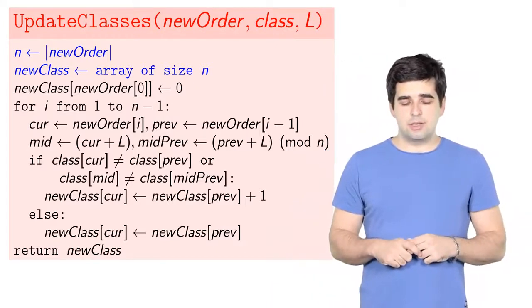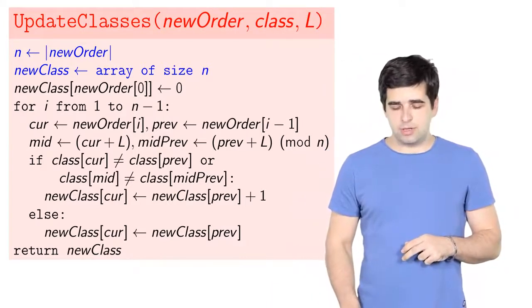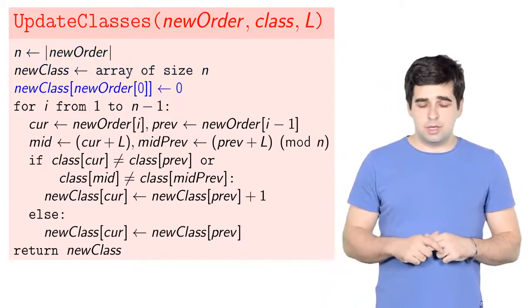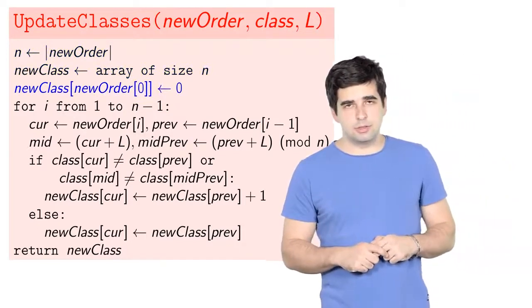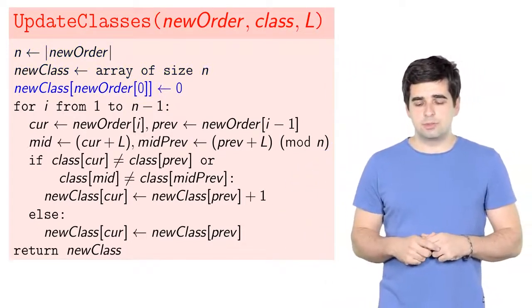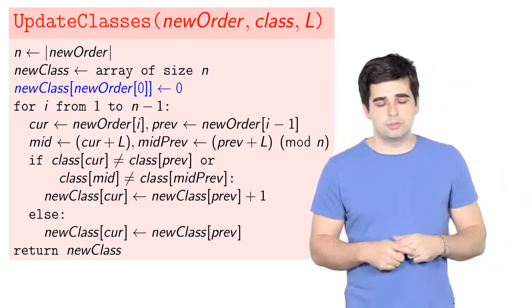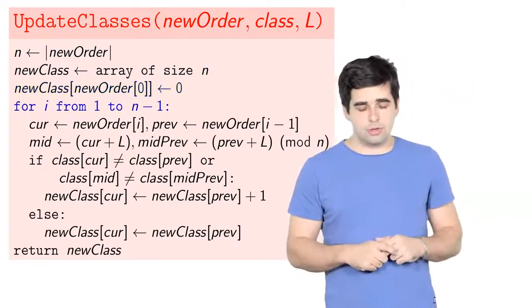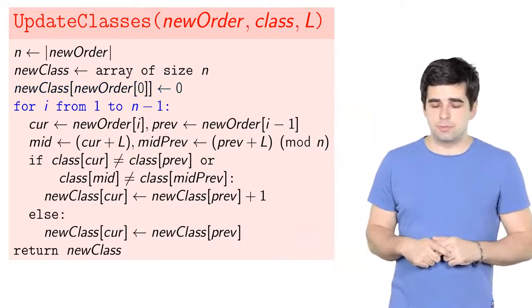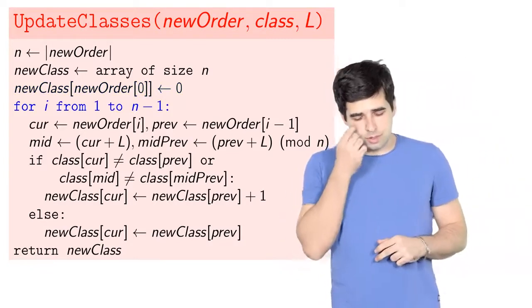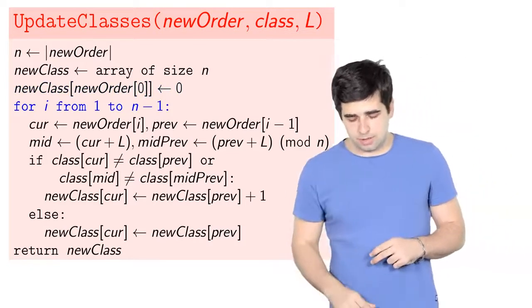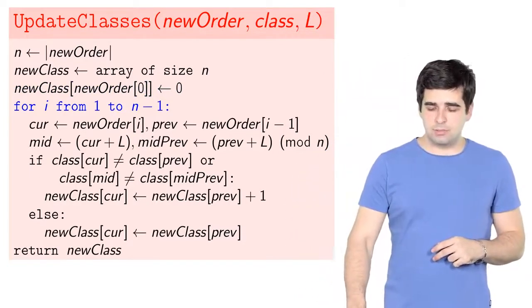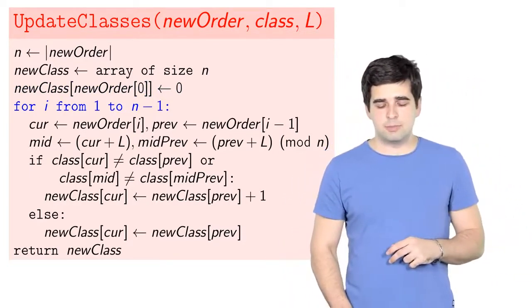And we initialize the array new class with an array of size n. First we assign class 0 to the smallest doubled cyclic shift, which is given by new order of 0. And then we go through all the doubled cyclic shifts from position 1 to n-1. We need to compare the doubled cyclic shift number i with the doubled cyclic shift number i-1.